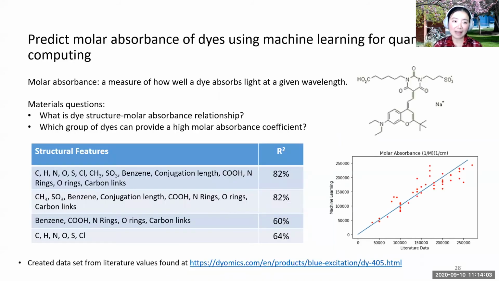Another example where we use machine learning is to predict another type of property called the molar absorbance of dyes, and we use machine learning for quantum computing. This property measures how well a dye absorbs light at a given wavelength.